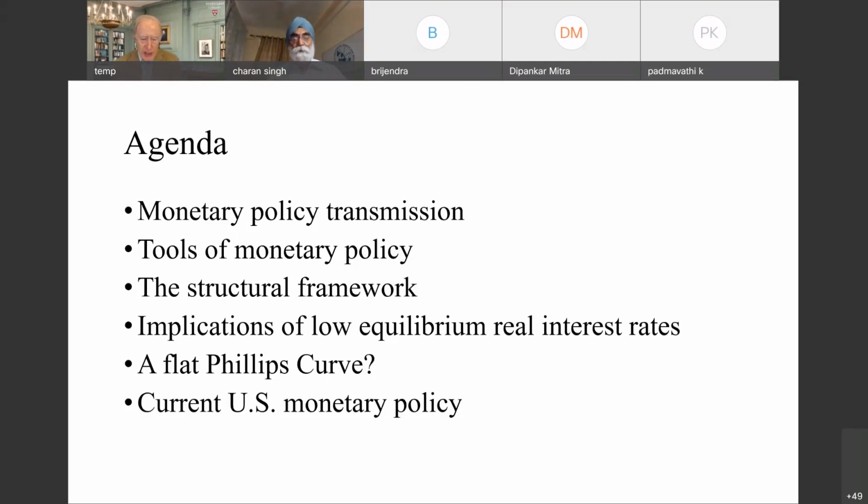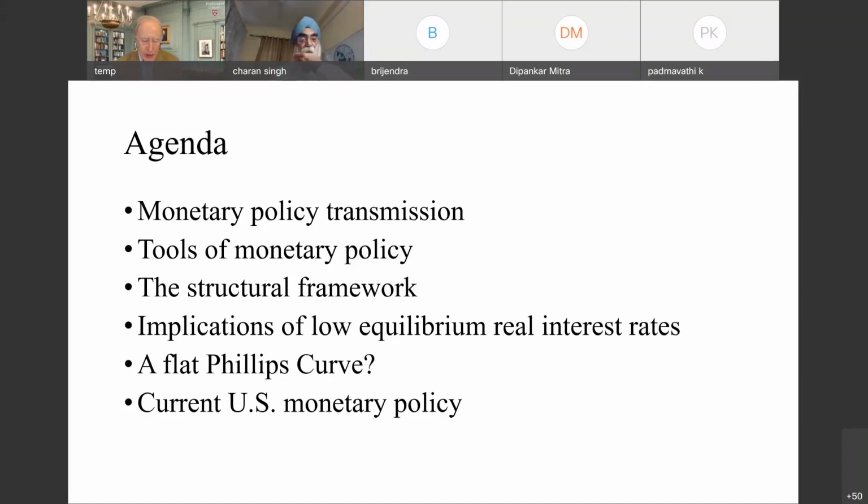One is the implications of persistently low equilibrium real interest rates, which for some purposes is a very good thing for the economy, but I think in the context of monetary policy creates certain challenges. And also the question of whether the Phillips curve is flat.